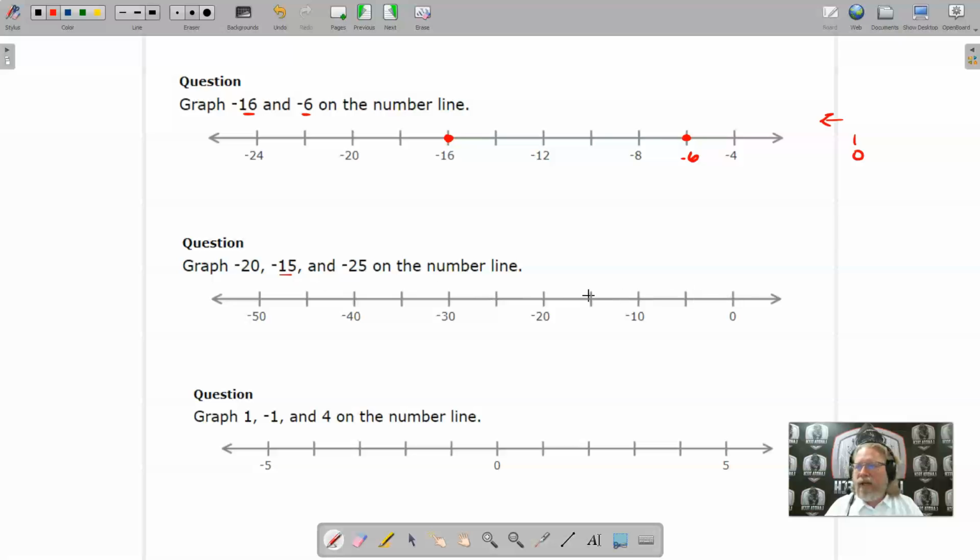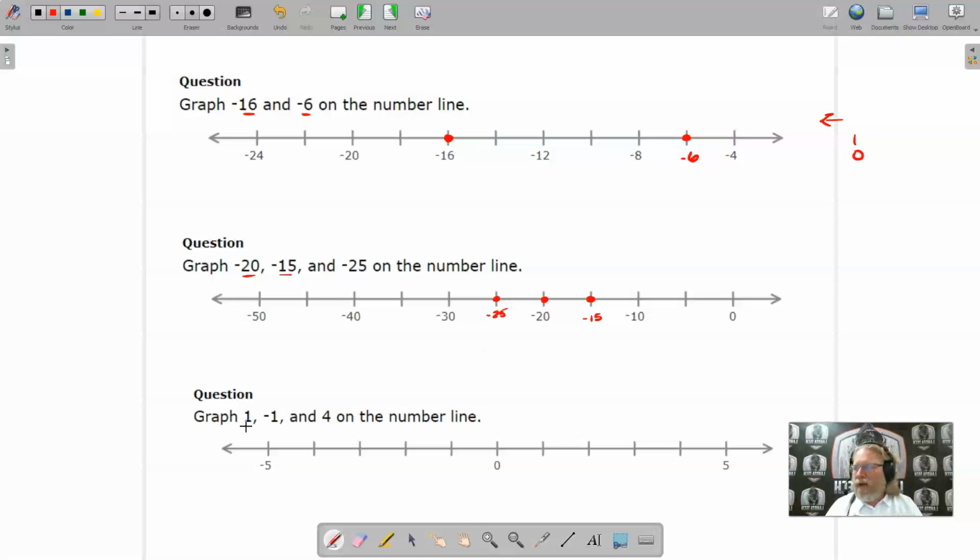So -15 would be here, sitting halfway between -10 and -20. And then -20 would be right here, so I've taken care of that -20 as well. And then -25, well, that would sit right here between -20 and -30.